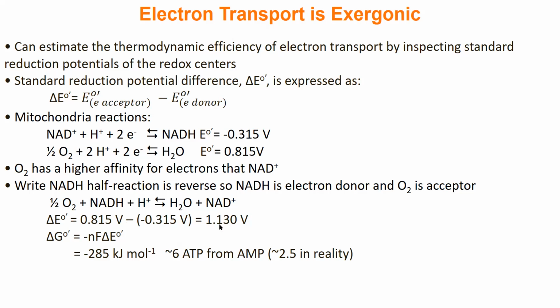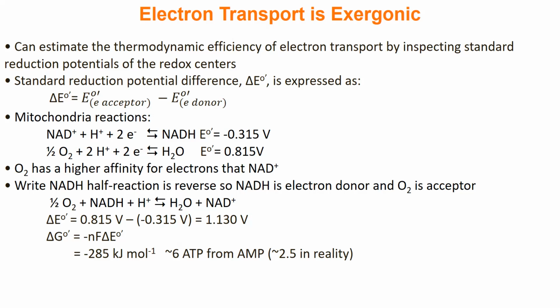And overall, 1 molecule of NADH will produce roughly 1.130 volts of energy. We can convert this into kilojoules per mole using delta G equals minus nF delta E. Remember, n is number of electrons, F is Faraday's constant, and delta E is what we just calculated. Overall, the free energy of this is minus 285 kilojoules per mole.